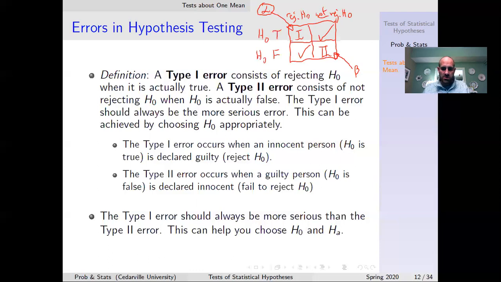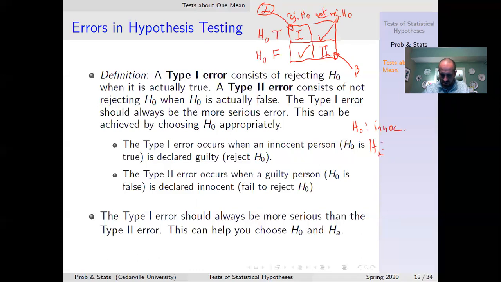So for instance, let's return to this jury situation. Type 1 error occurs when an innocent person, because remember, what was H0 in that case? H0, we assume that they are innocent. And what is the alternative hypothesis?